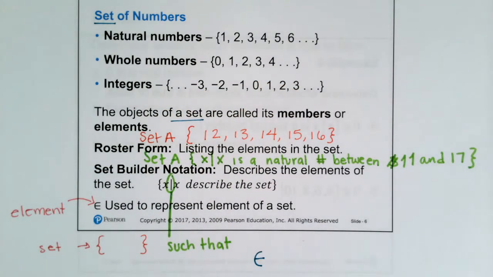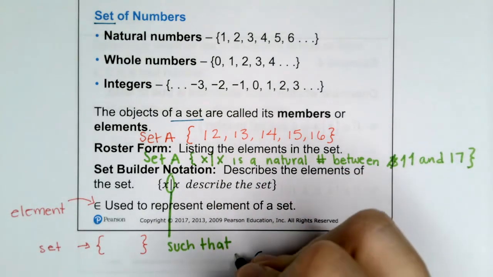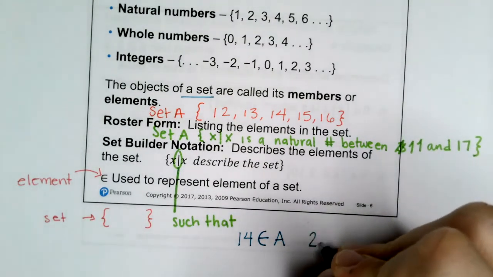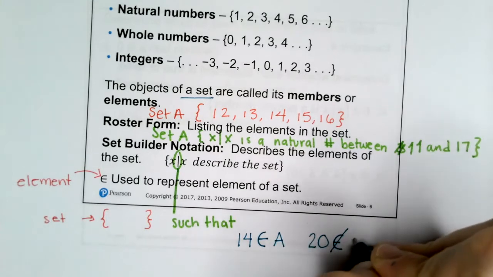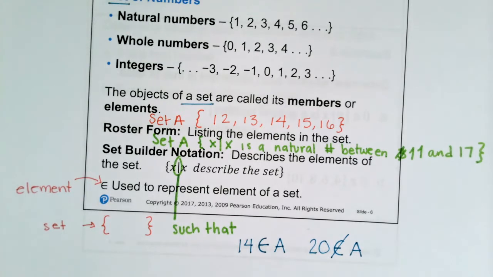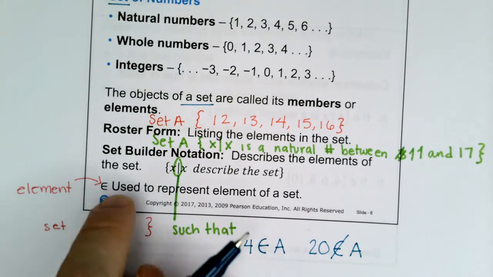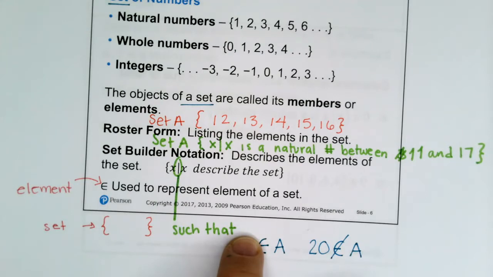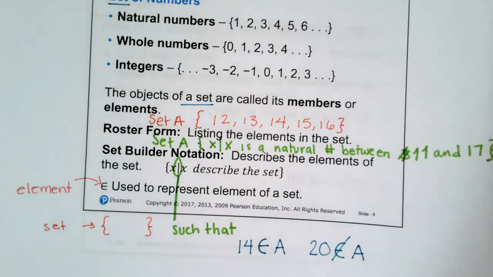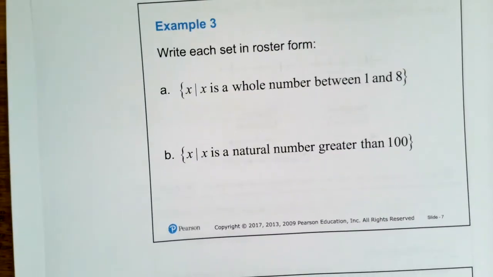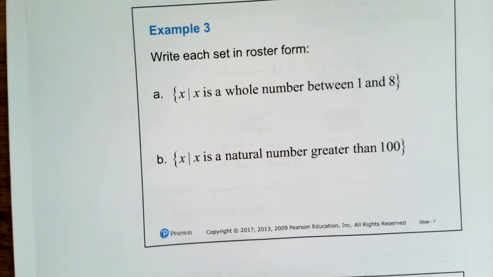So now we're saying 14 is an element of set A. 20 is not an element of set A. Good. The brackets let us know we're working with a set. The element symbol tells us we're talking about one part of the set, or if it has a strike through it, one part that is not within the set. Good. And remember, I'm going to come back to these in a moment.